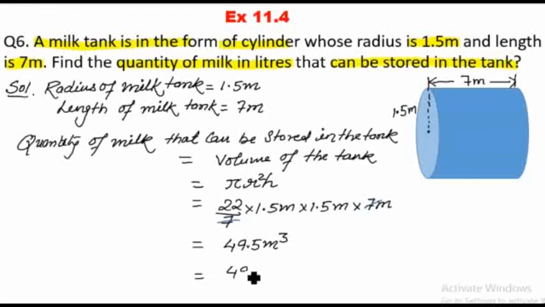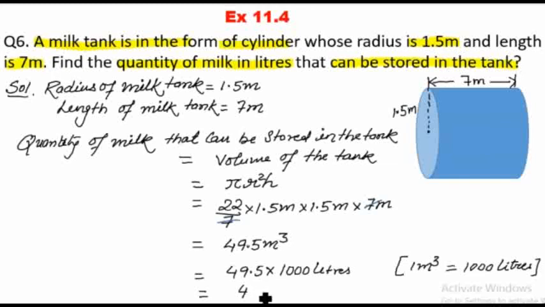Now we have to convert this into liter. So 49.5 into 1000 liters, since 1 meter cube is equal to 1000 liter, which is equal to 49,500 liters.